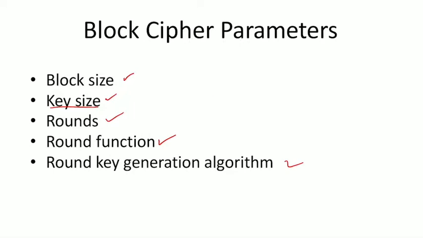Later, it was made more secure against brute force attack by performing triple DES, which expands the key size from 56 bits to 112 bits and 168 bits. AES, on the other hand, also supports larger key sizes of 192 bits and 256 bits.